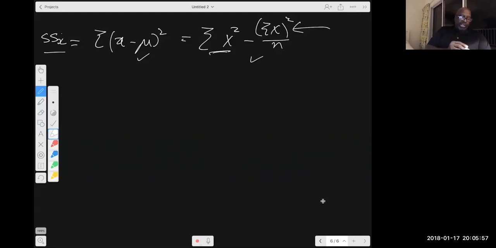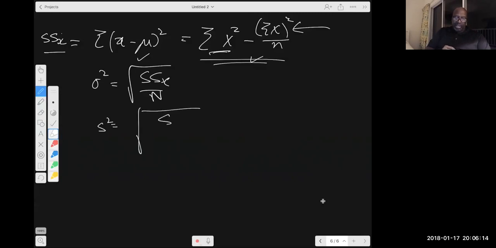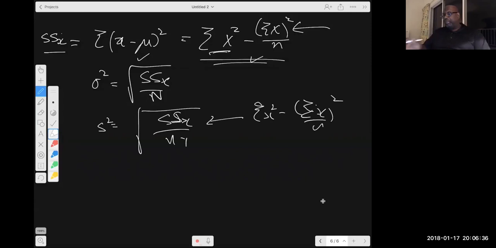In our formula sheet, sigma squared is SSX over capital N, and for a sample it is SSX over small n minus 1, where SSX is the sum of x squared minus the sum of the x's squared over n. You will notice that formula on the formula sheet.